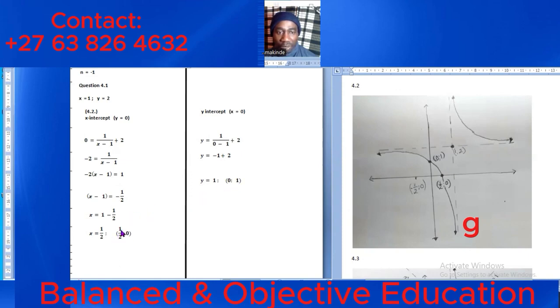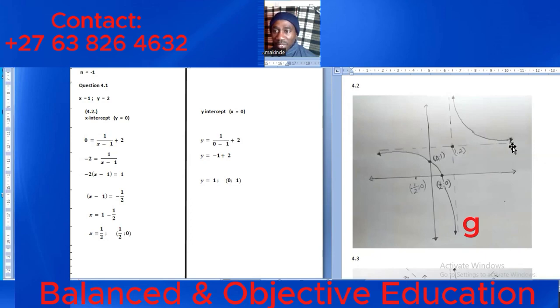Now, we have already calculated our x-intercept and our y-intercept. At this point, x equals half and y equals 0. That's the point here. We have our x-intercept and we have our y-intercept at x equals 0 and y equals 1. So that is this point. Before we do that, we have to draw our asymptote.